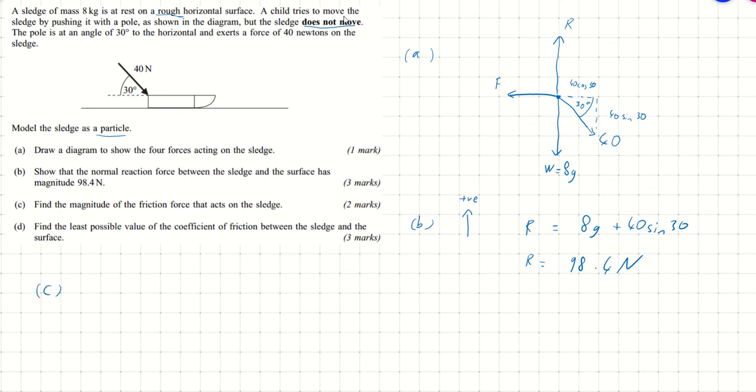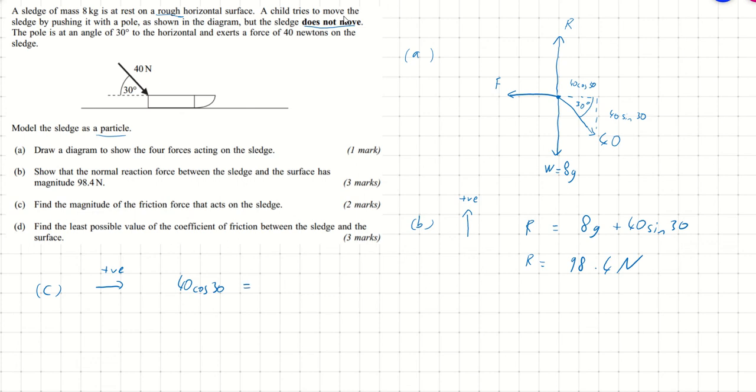Part C. Find the magnitude of the frictional force. So now we're going to look in the horizontal direction. Let's say we're looking to the right as positive. The only force which has a component in the horizontal direction is the 40 cos 30, which is acting to the right, and again, because the sledge is in equilibrium, forces in the horizontal direction are equal.